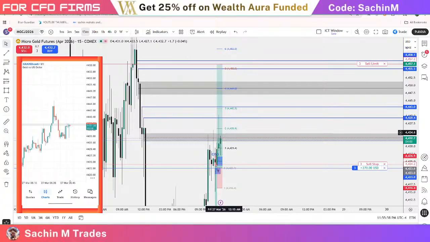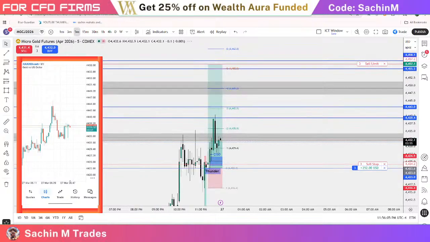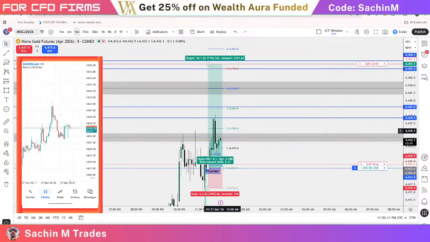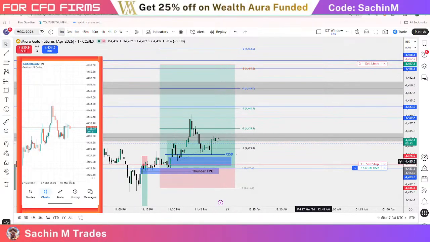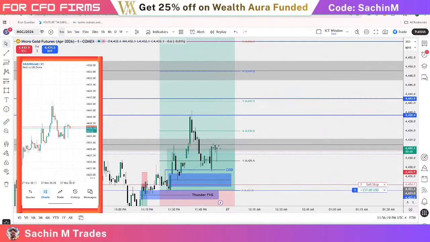I want a body candle close above this area on the 15 minutes time frame, that is the last 5 minutes we are having of this time frame. I want a body candle close above for my bullish intuition to continue, and for the rest all I can say is believe the thunder.